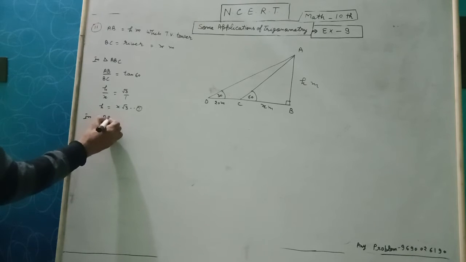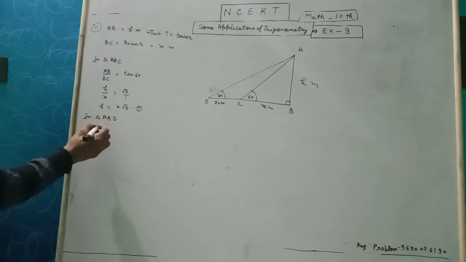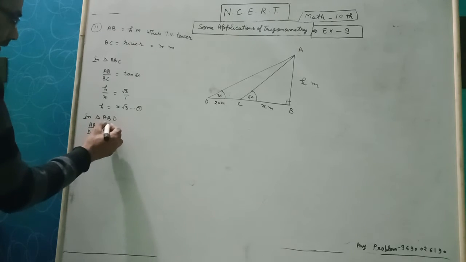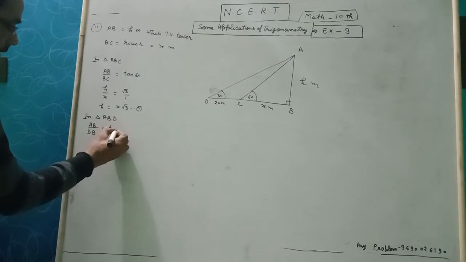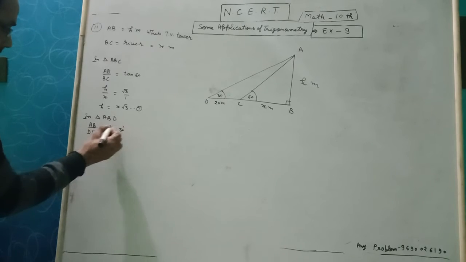In triangle ABD, AB upon DB, perpendicular upon base is equal to tan 30.